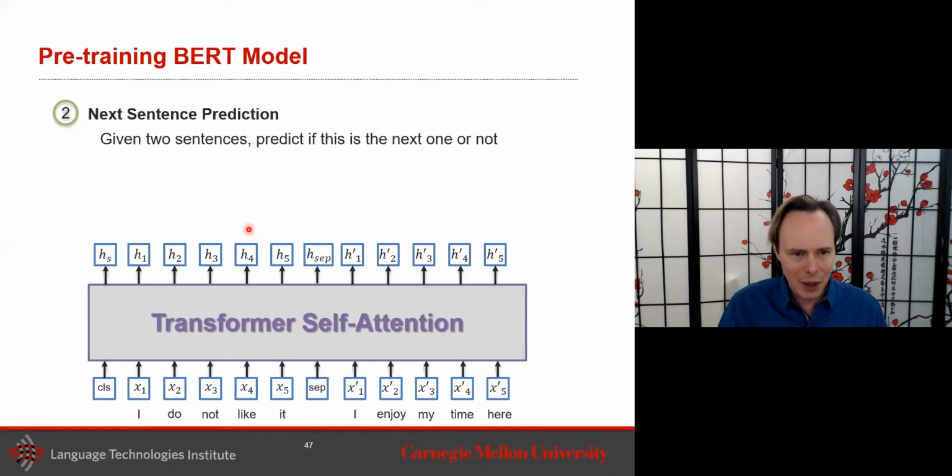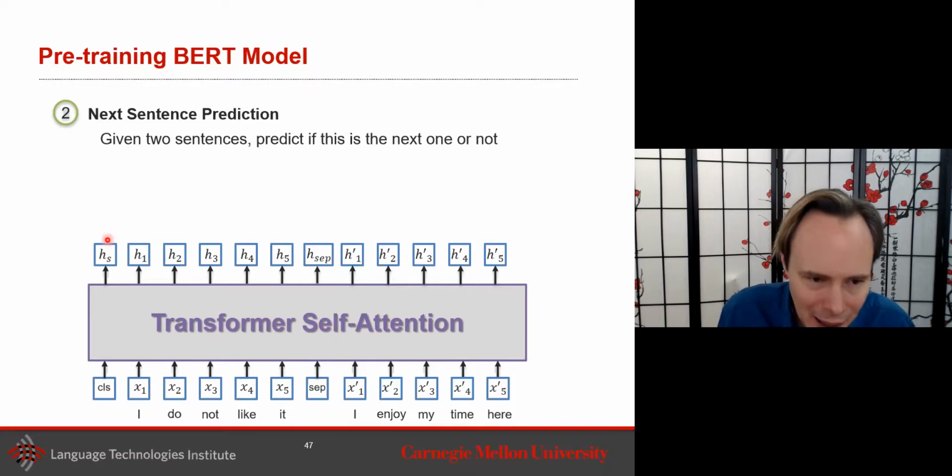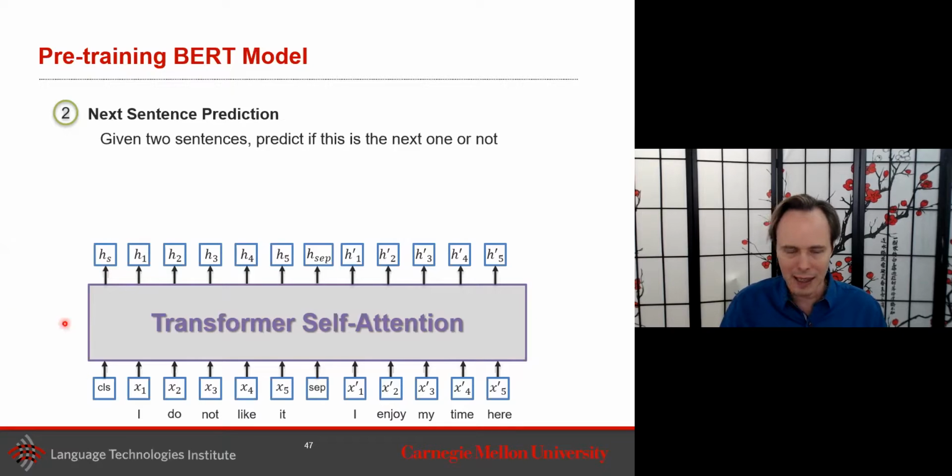Now, the other thing that's interesting is how do you train to get that sentence level embedding? There are many possible ways, but we want a loss that will allow you, in an unsupervised way, to get one embedding for the whole sentence.